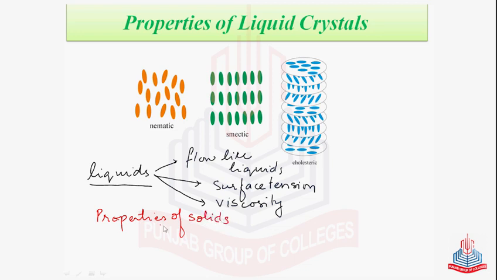orderly arrangement. हमें पता है एक proper orderly arrangement is the characteristic of the solids. Liquid crystals are also possessing an orderly arrangement, just like we can see in nematic, smectic and cholesteric orders. They also possess another important property which is characteristic of the solids, that is optical properties.